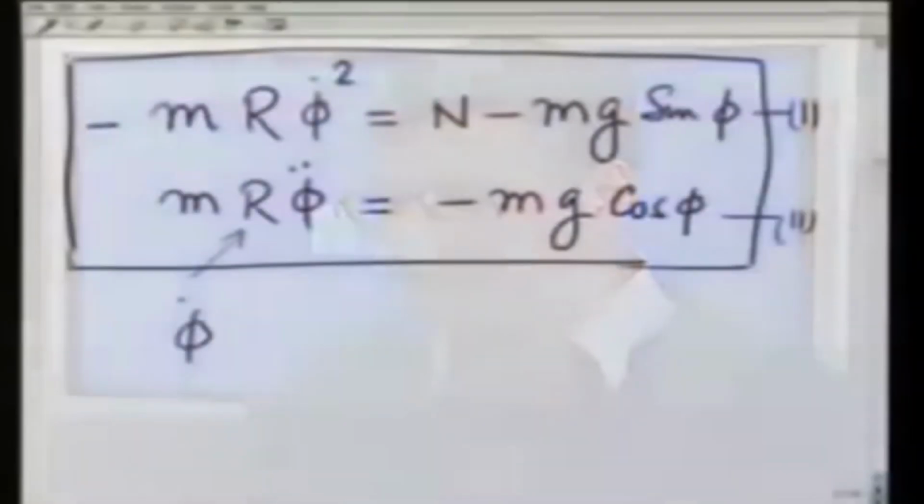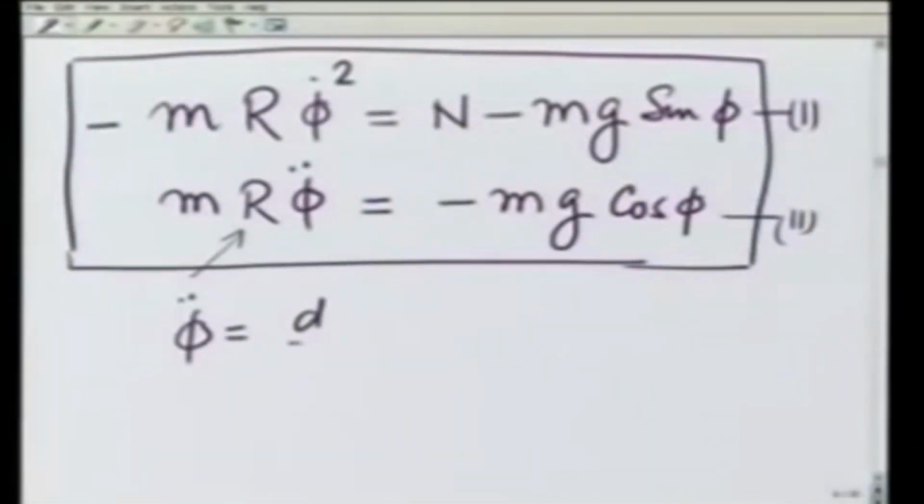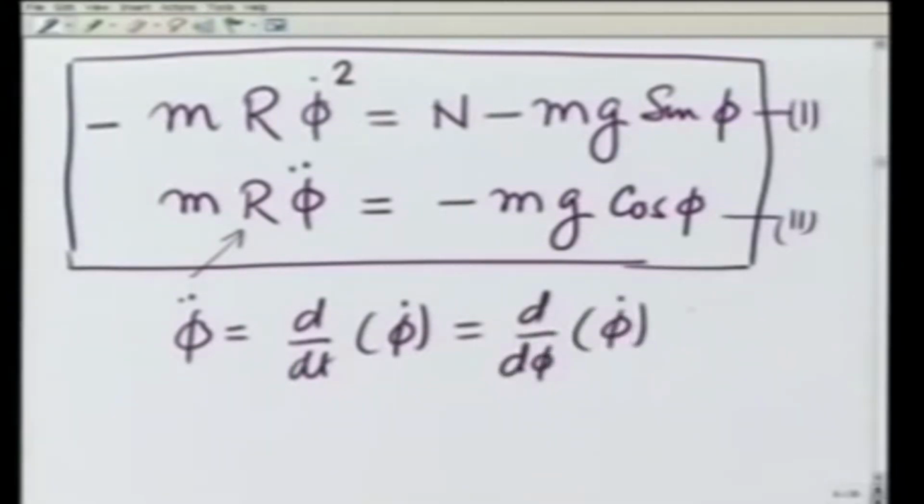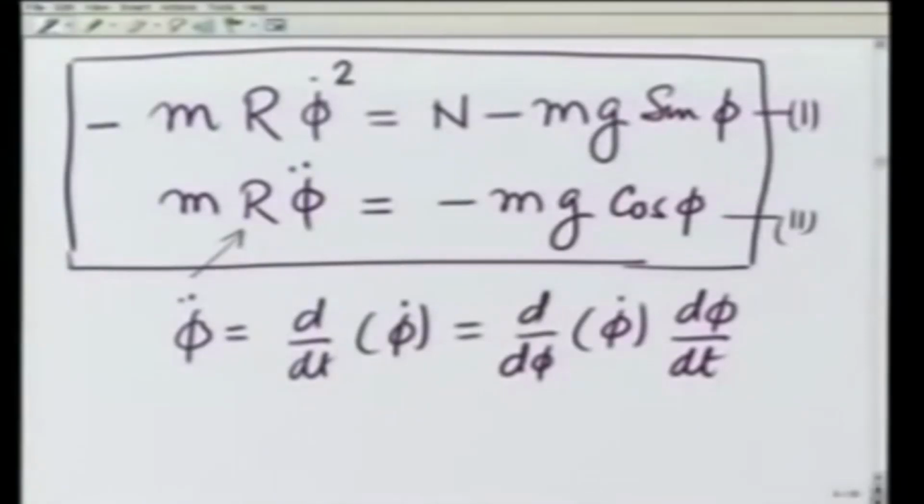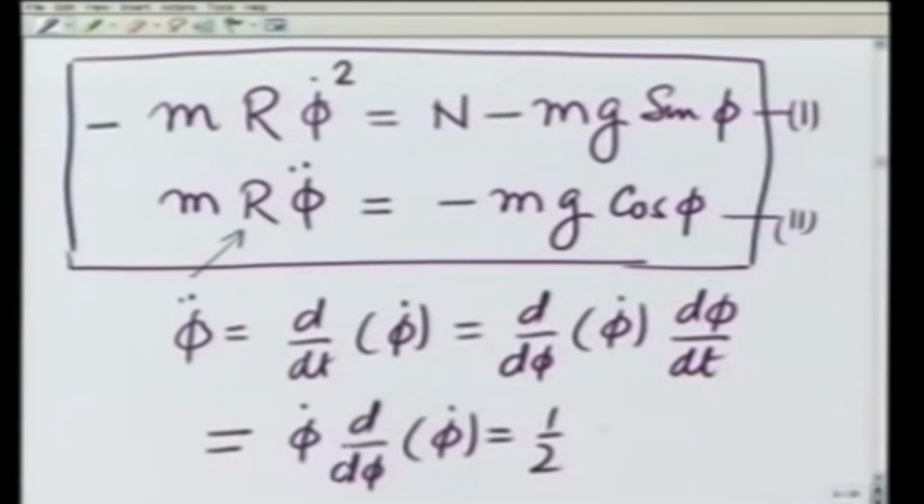So I write phi double dot, which is the time derivative of phi dot, as the time derivative of phi dot times d phi dt using the chain rule for differentiation, and that gives me phi dot d over d phi of phi dot, which is nothing but 1/2 d over d phi of phi dot square.